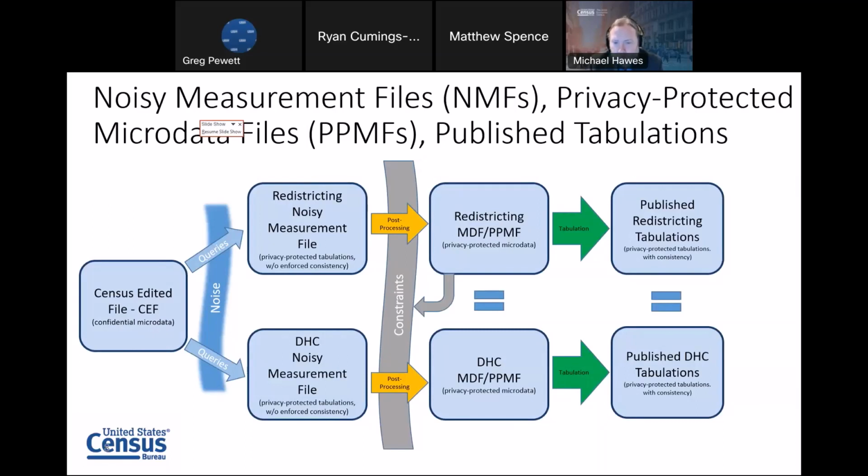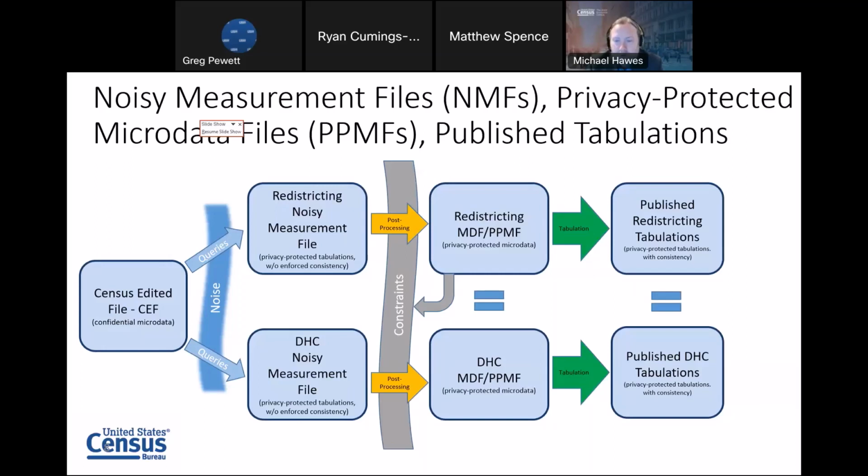It takes a series of queries, adding noise to the results of those queries, giving you the noisy measurement file, which are privacy protected tabulations without enforced consistency between them. Then the noisy measurement file is post-processed through those sets of invariants and constraints into privacy protected microdata. Internally at the Census Bureau, we call that the microdata detail file. Externally, we call that the privacy protected microdata file.